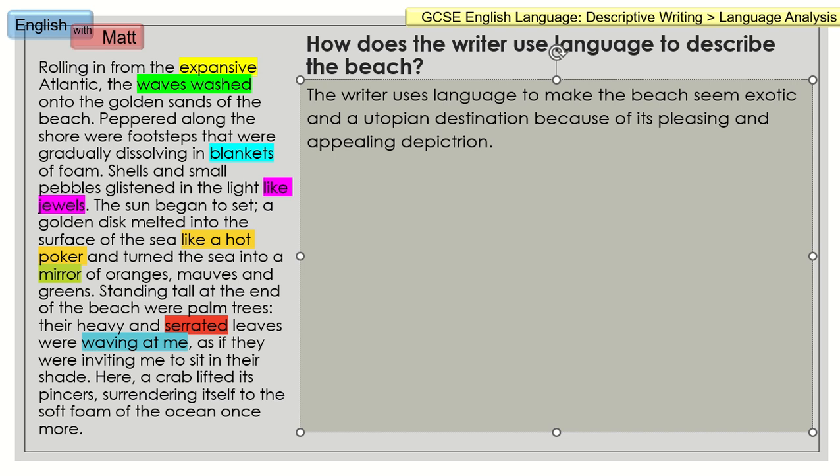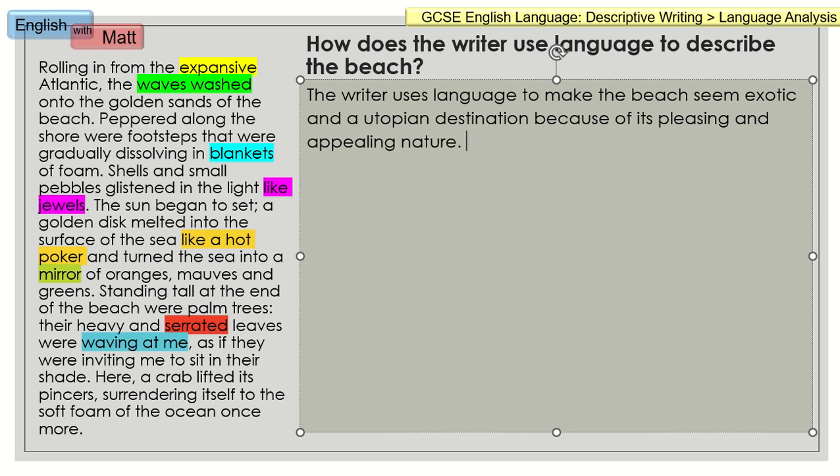Okay, so as I'm writing this, I might go back and change things. That's fine. I don't actually quite like that. I find that a little bit waffly. So let me just change this a little bit. The writer uses language to make the beach seem exotic and a utopian destination because of its pleasing and appealing nature. That's better.